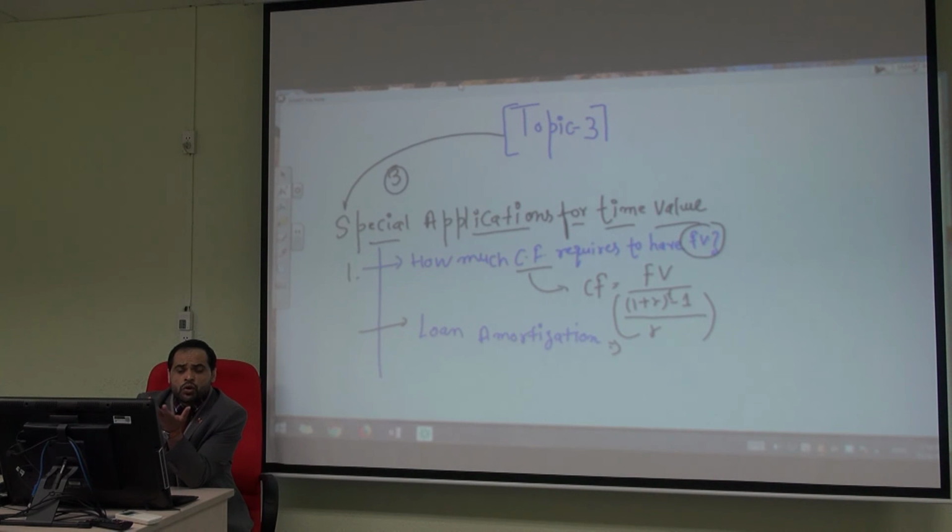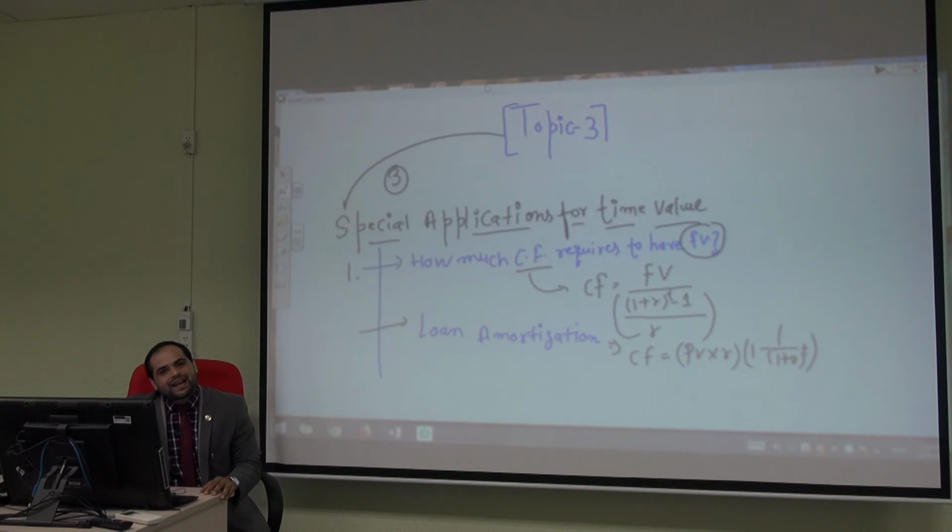So how much are the periodic equal installments we require for loan repayments? The formula uses present value and rate to estimate the cash flows. That is the formula applicable for loan amortization. That will help us estimate the installments we require to repay the loan.